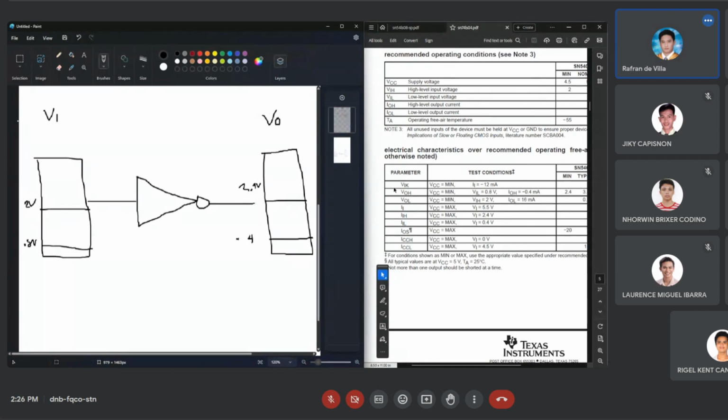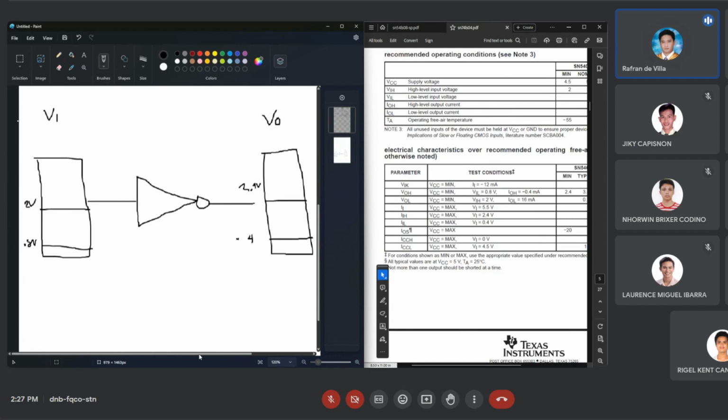However, once you use more gates, you will notice that loading could have an effect on the output voltage. And this is one of those scenarios where you may want to buy a voltmeter.